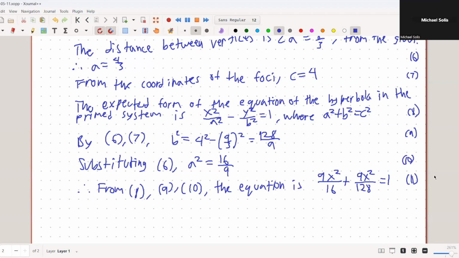Okay, so cut the part that is blah blah, then move it down.